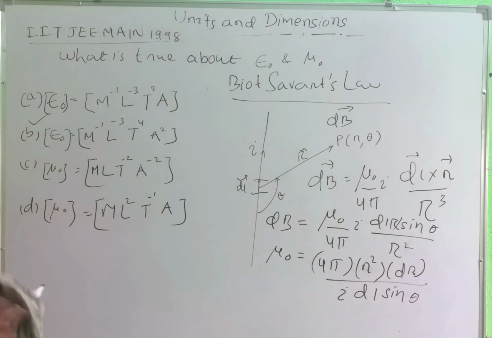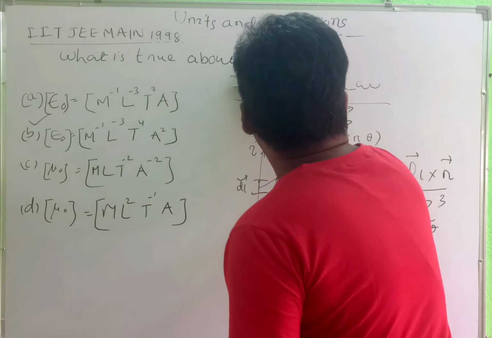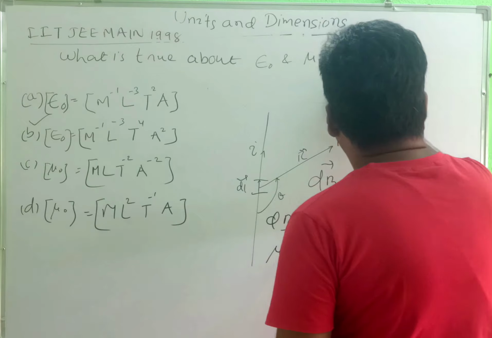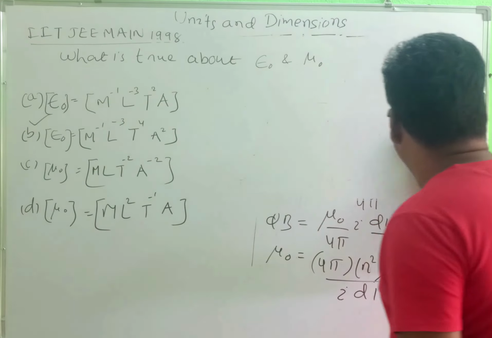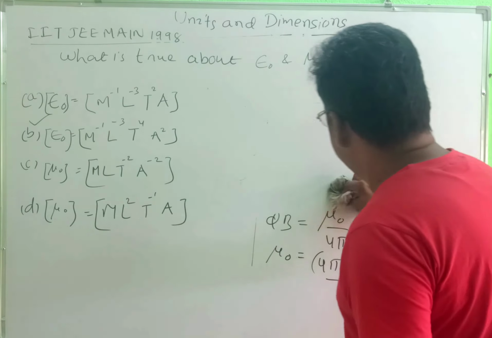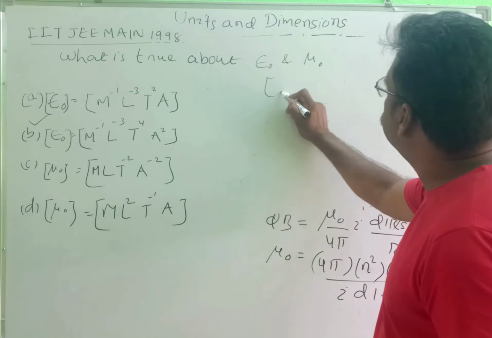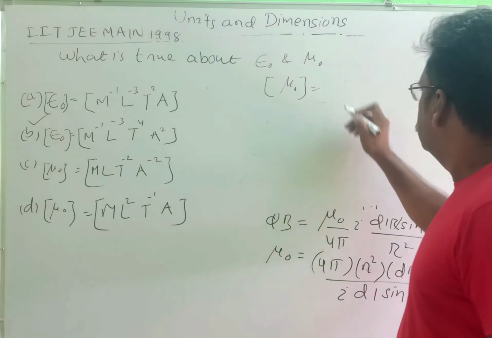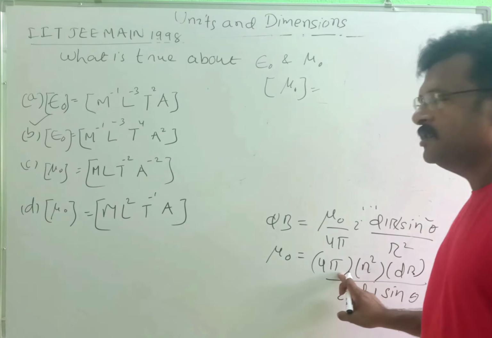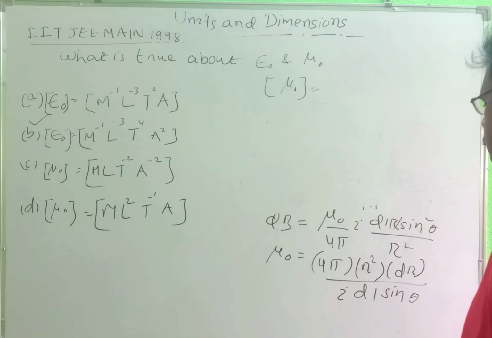Then students, let us find out the dimensional formula for mu 0 from the formula we obtained now. What will be the dimensions of mu 0 then student? Mu 0 will be equal to dimensions of 4 pi. What is dimension of 4 pi? 4 pi is a constant, it is a number, so it is dimensionless.